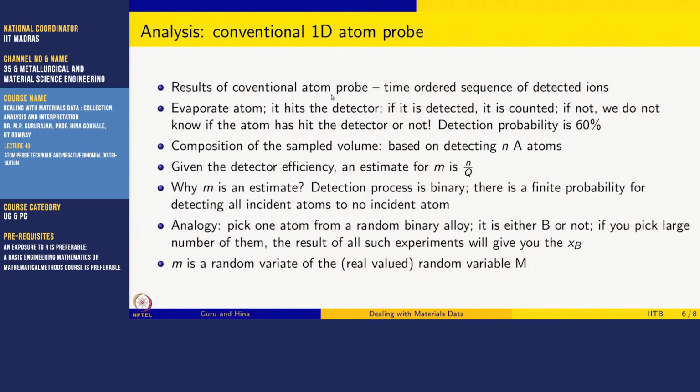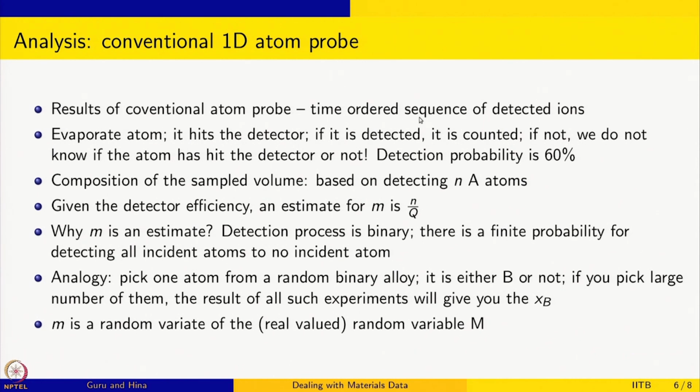Okay, so, you can think of the result of a conventional atom probe as a time ordered sequence of detected ions, right. The atoms are getting pulled out of the sample, and there is a sequence in that. So, there is a selection process and there is a detection process, and we are keeping track of how many are getting detected and out of which how many are of type A. The process is to evaporate an atom and it hits the detector.